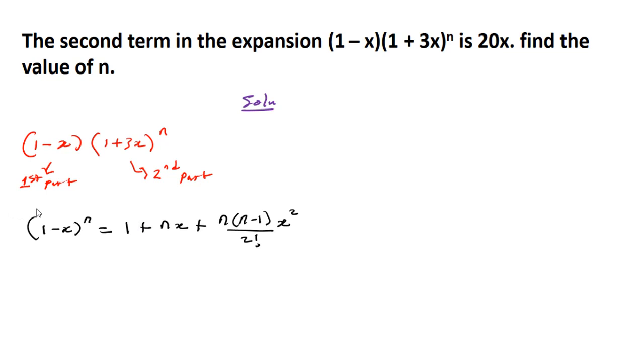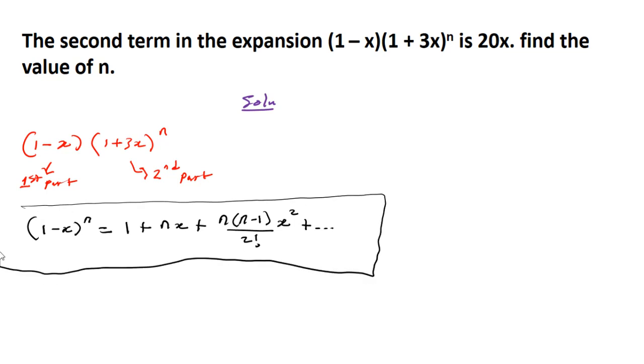So this is a basic formula to use. With this formula in mind, we can just look for the formula for the second term, since they're saying the second term in that particular expansion.